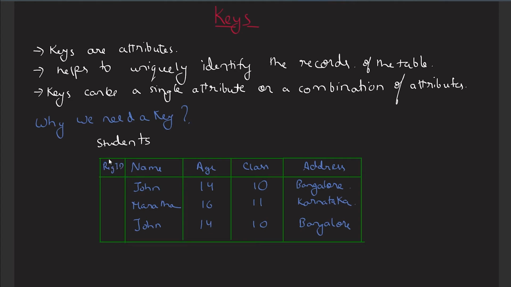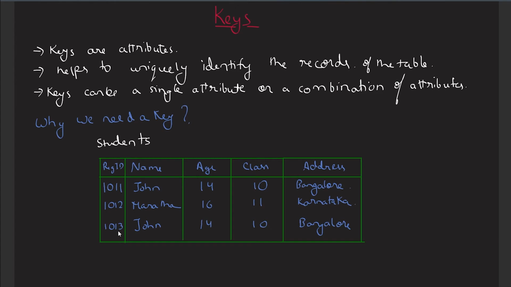We are including a new attribute, that is registration ID. The first John's registration ID is 1011, Martha has 1012 and the second John has 1013. Now we have included another attribute, registration ID, with the other attributes in the students table, and this information is unique to all the records.